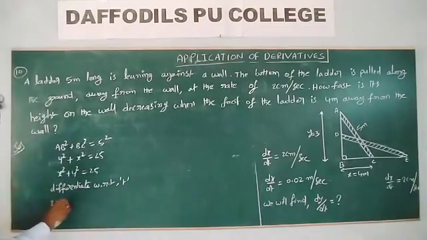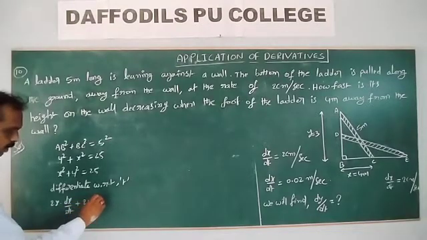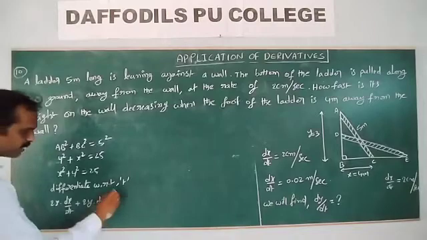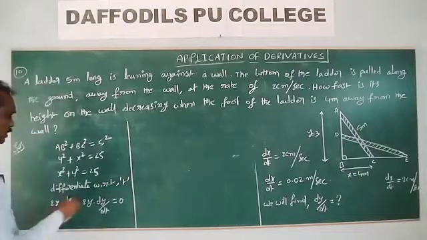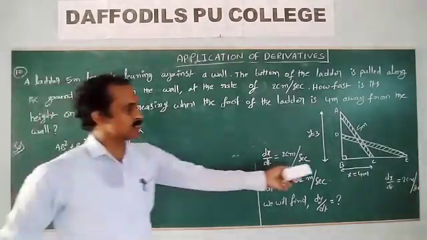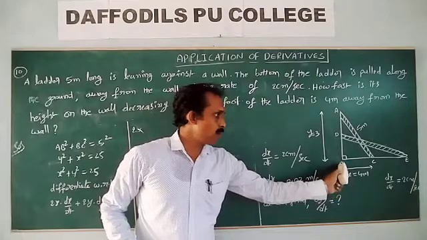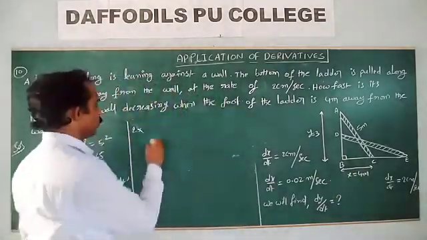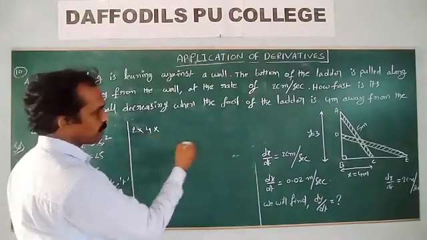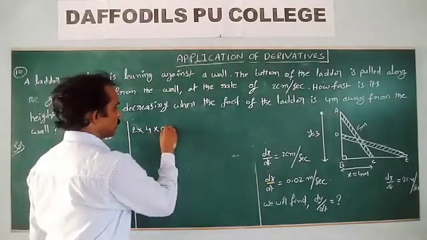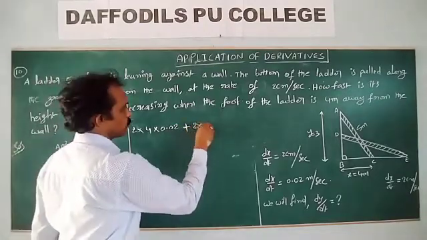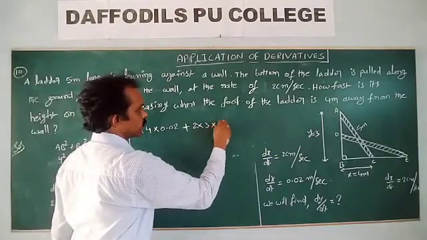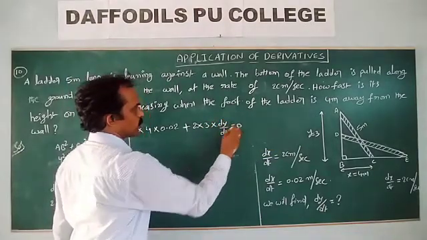That implies 2x into dx by dt plus 2y into dy by dt, and 25 is a constant, therefore its derivative is 0. 2 into the x value, which is 4 meters, into dx by dt, 0.02 meter per second, plus 2 into the y value, 3 meters, into dy by dt is equal to 0.